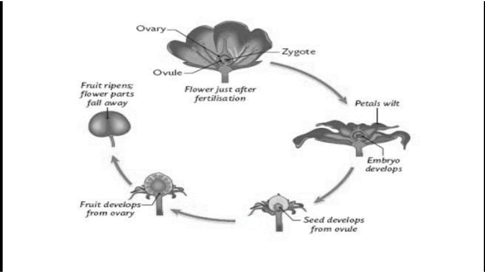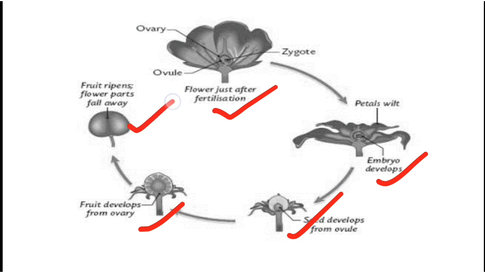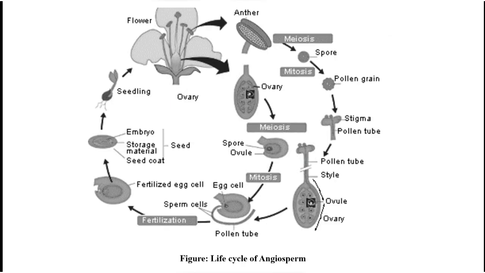Okay, so these are the whole steps: fertilization, then embryo, then seeds are formed, then fruit develops from the ovary, fruit ripens, flower parts fall away, then we can eat that fruit, and from that we can get our seeds for growing the plant for the next generation. Then it is the whole life cycle of an angiosperm.